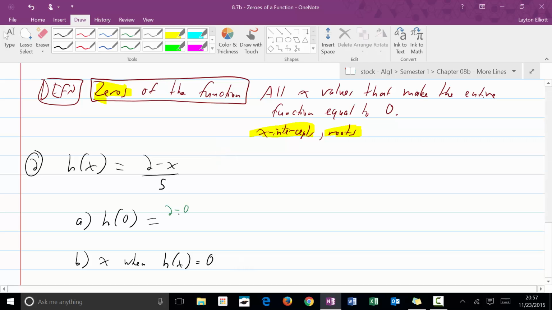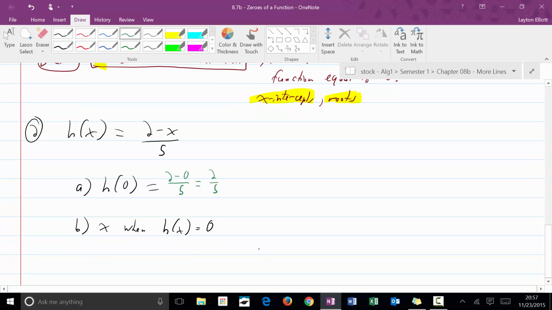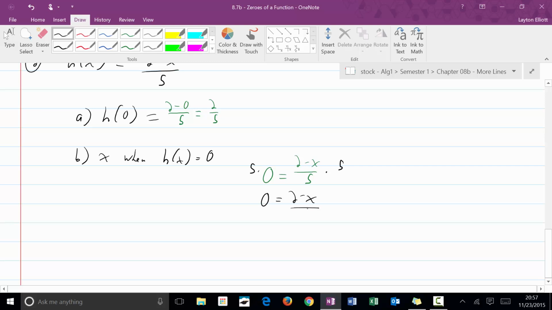So I get 2 minus 0 over 5, or 2/5. The second part is to set the left side equal to 0. Not to plug it in, but to rewrite it as 0 equals 2 minus x over 5. To get rid of the 5, I multiply both sides by 5. So I get 0 is equal to 2 minus x. And if I look at this, I can see that x would have to be 2. That's all there is to it.